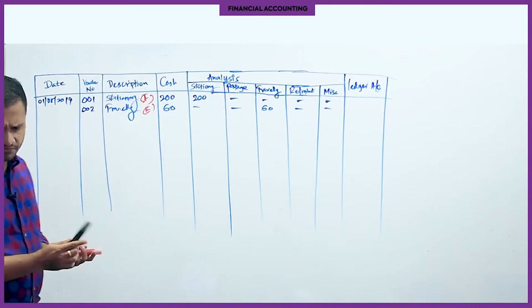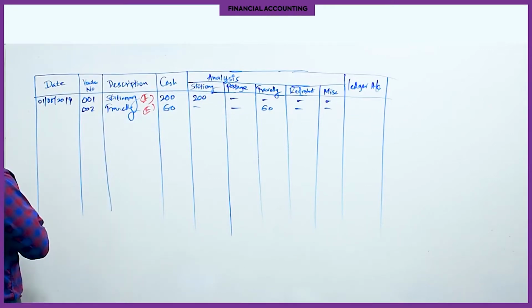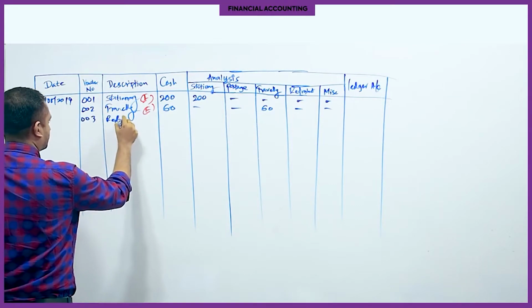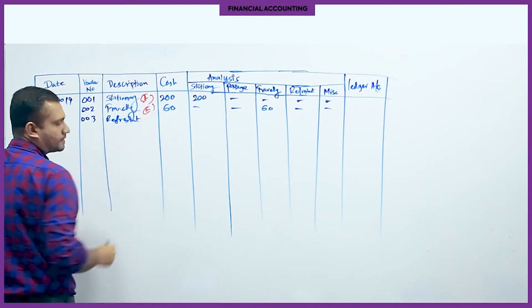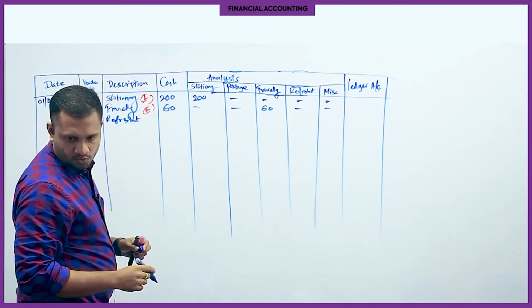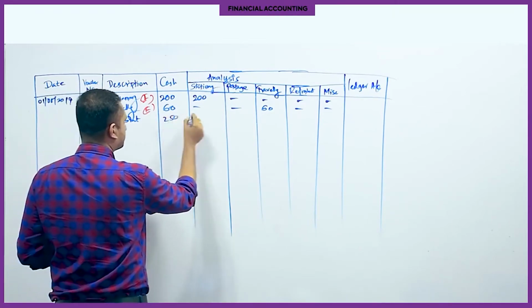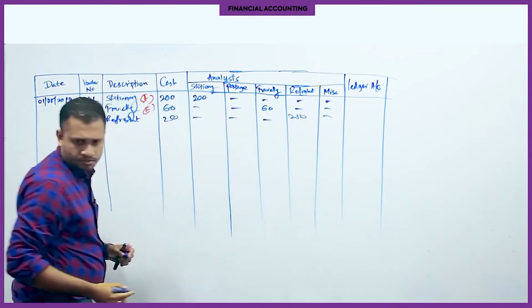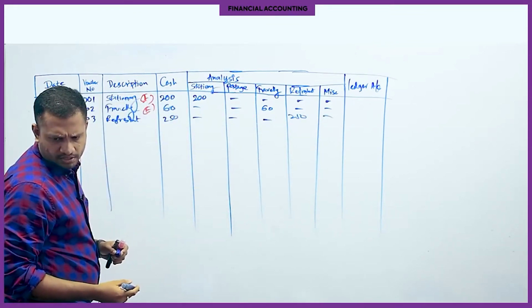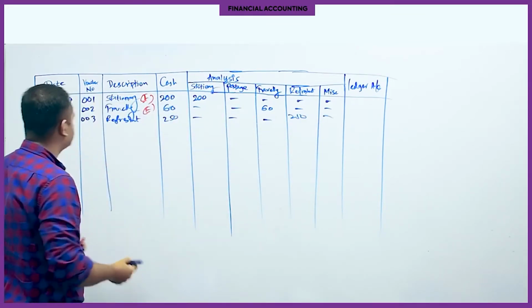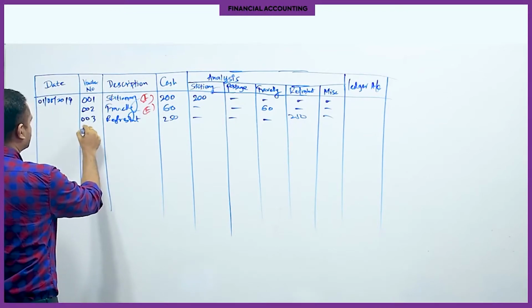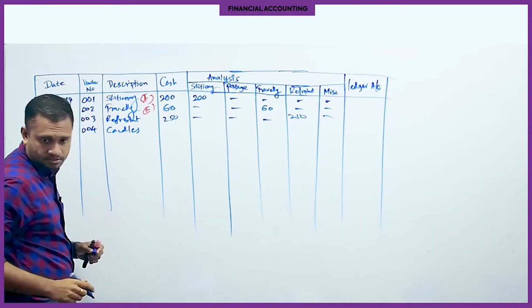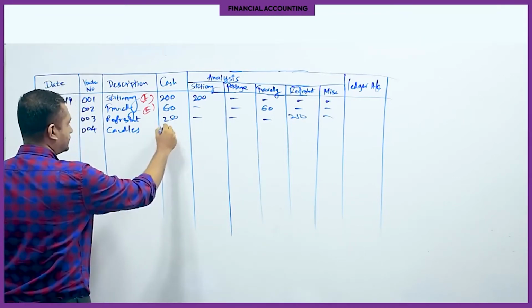Then the next one is refreshment. The refreshment amount is 250. The next one is candles. They have bought some candles, 150.